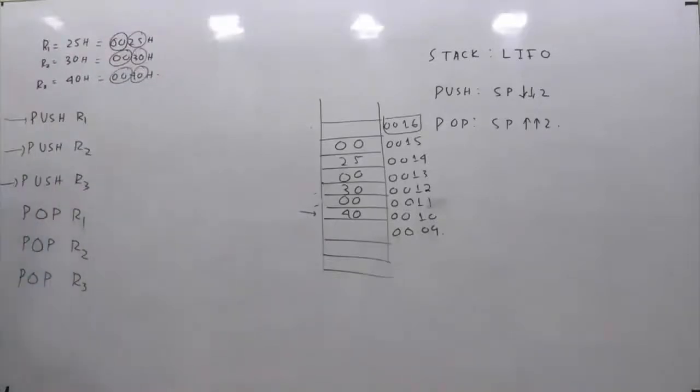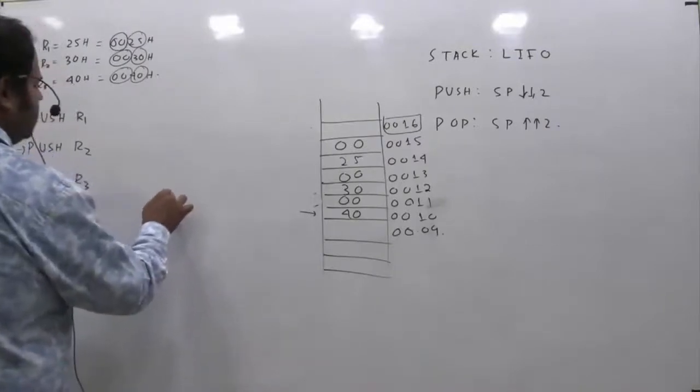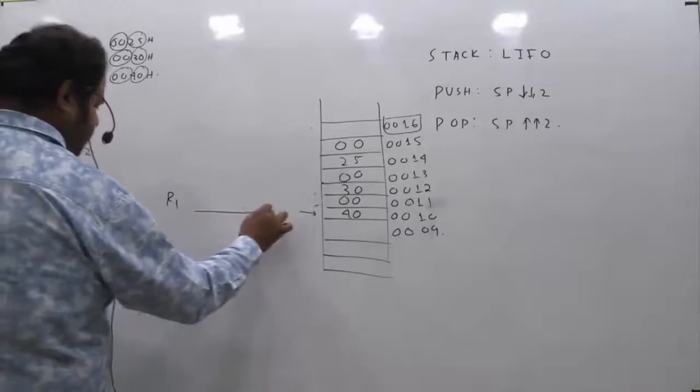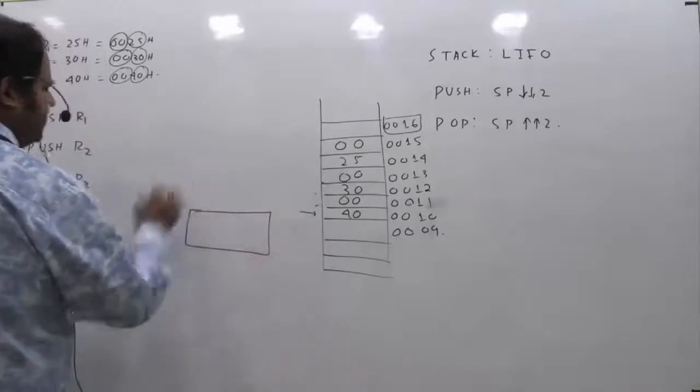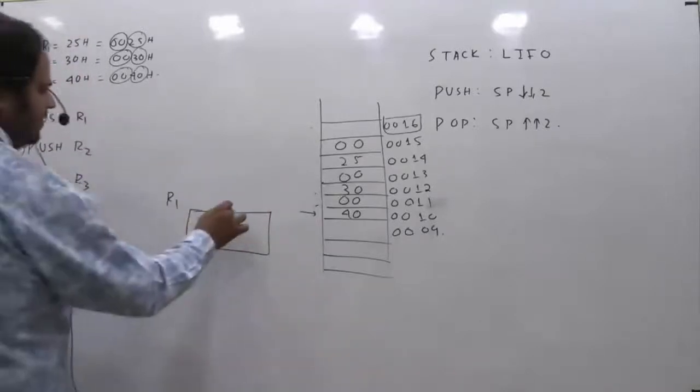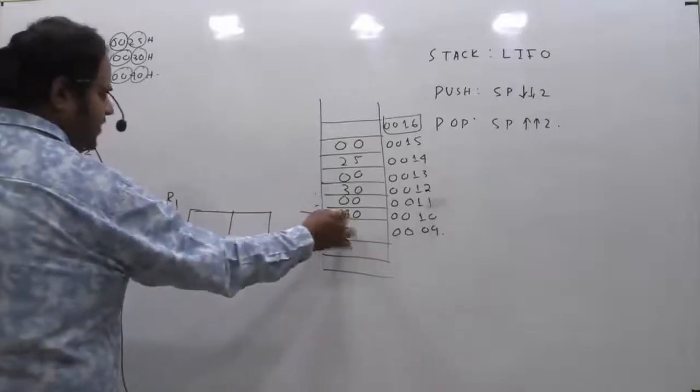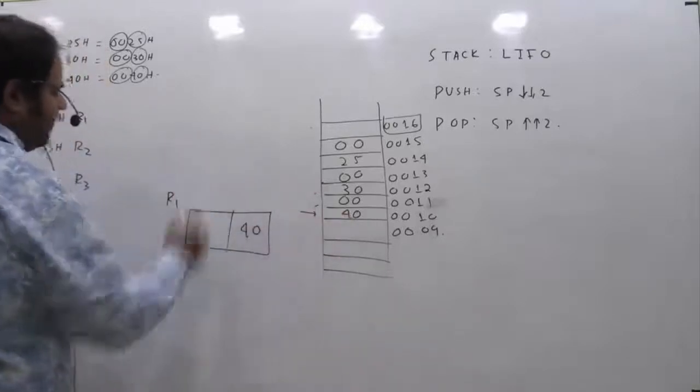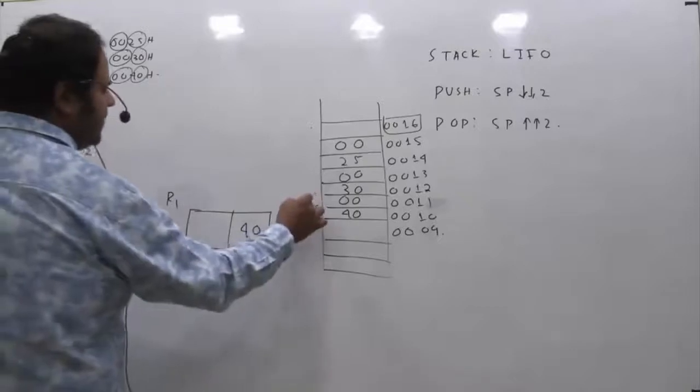Okay, up to this is over. Now pop R1. In pop R1, the content of the stack memory will be copied into R1. But in what way does it happen? The lower byte is 40 now, so it will be copied into the lower byte of R1, and it will increment the stack pointer by 1.